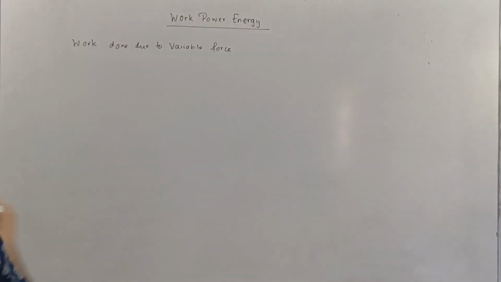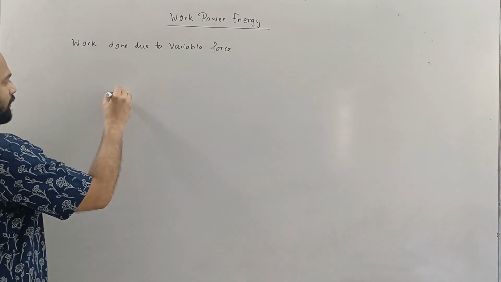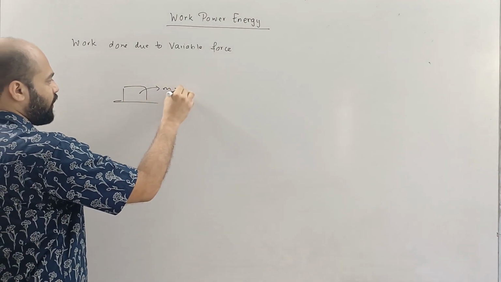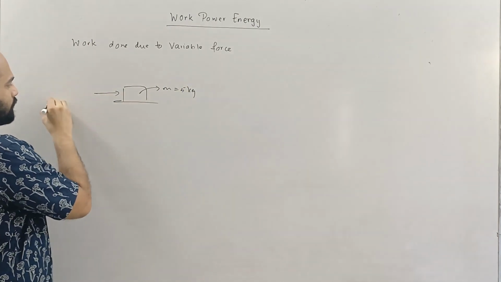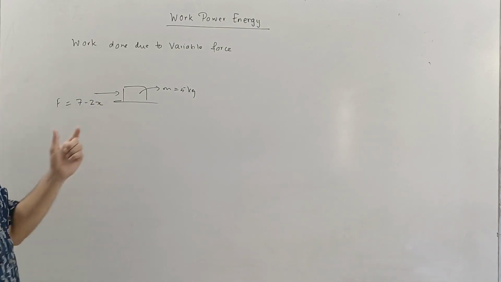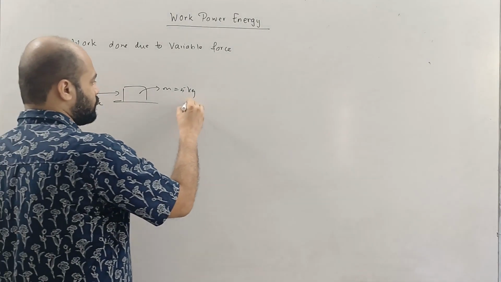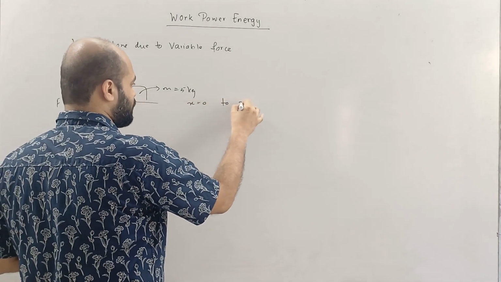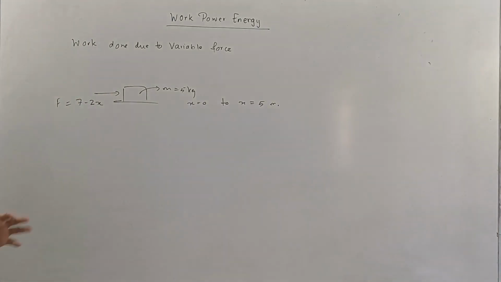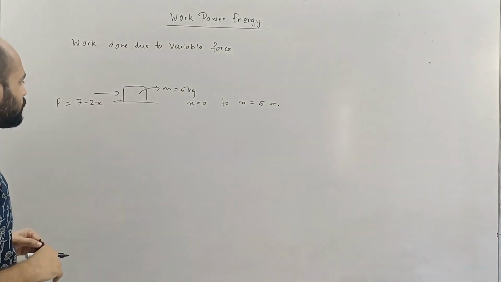So one force is given to us, and they're saying that this is a mass of 5 kgs. The force F equals 7 minus 2x is responsible for displacing it from x equals 0 to x equals 5 meters. Now when it is going to be displaced, definitely some work will be done.